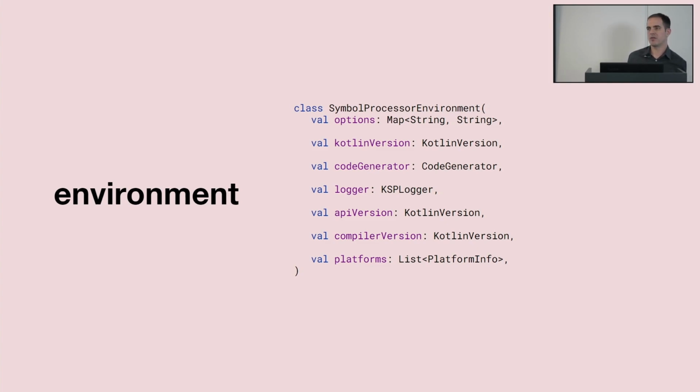Also there is a logger here where you can add some compilation warnings or errors, or throw exceptions. And it also has version information about the Kotlin version being used, and the KSP version being used. And also information about what kind of platforms you are currently targeting, so Android, iOS, native, or Linux.